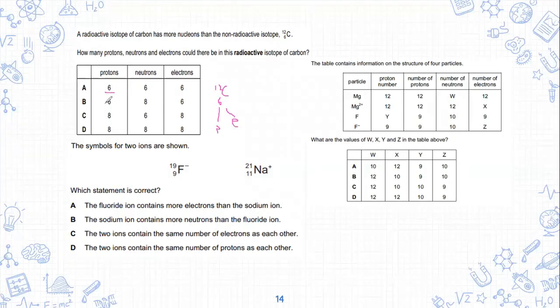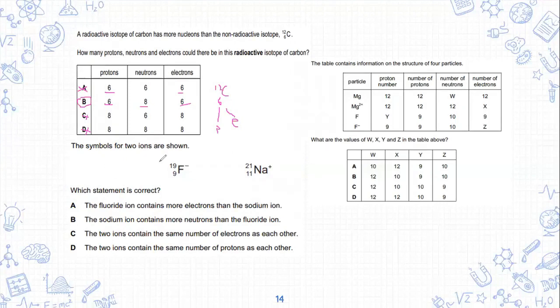So this and this is right, and this is going to be incorrect. But we are saying that the other isotope of carbon has more nucleons, right? So more nucleons means, if the proton number is same, the neutrons are going to be greater. This means this one is going to be correct and this one is going to be incorrect. So B is the correct option.